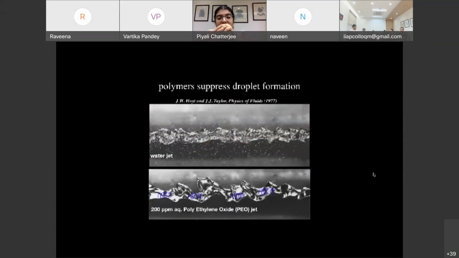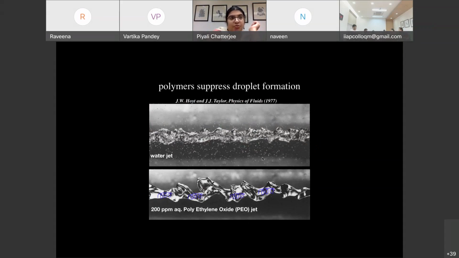Now it is also very well known that polymeric chains suppress droplet formation. For example, at the top, you have a water jet being shot out from a syringe, from left to right.